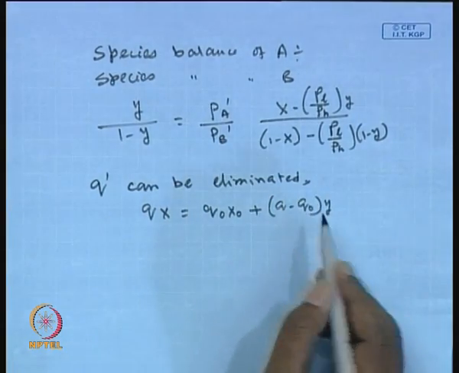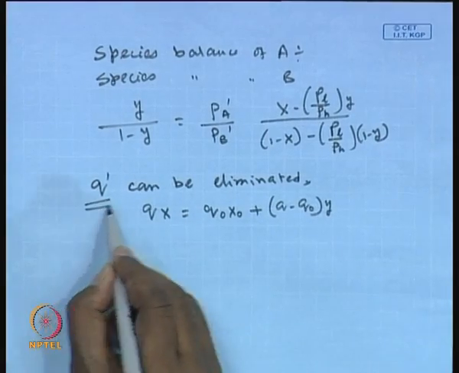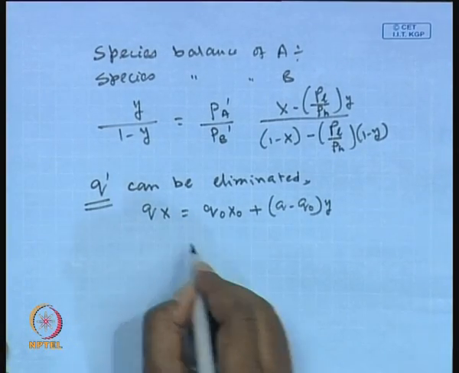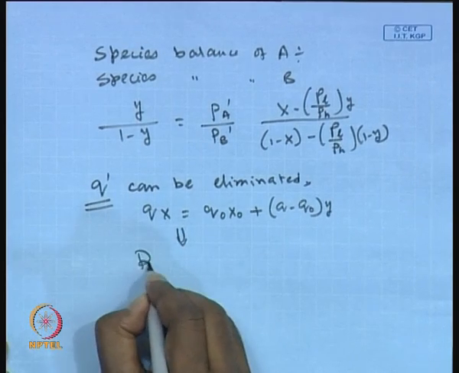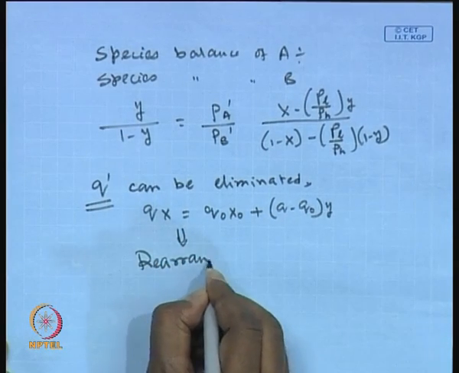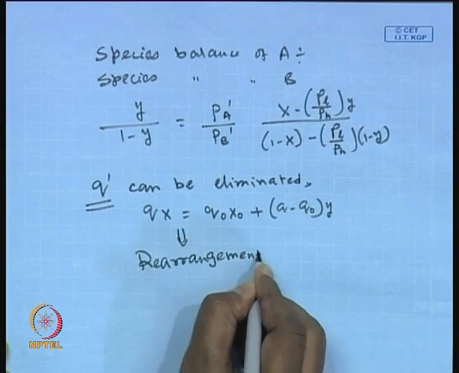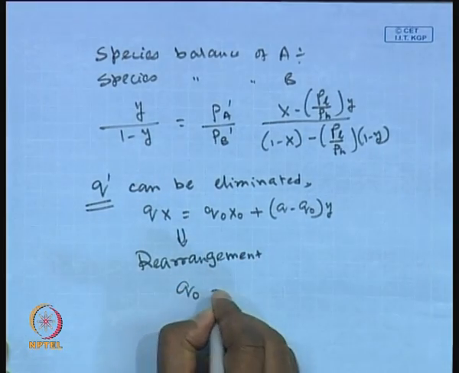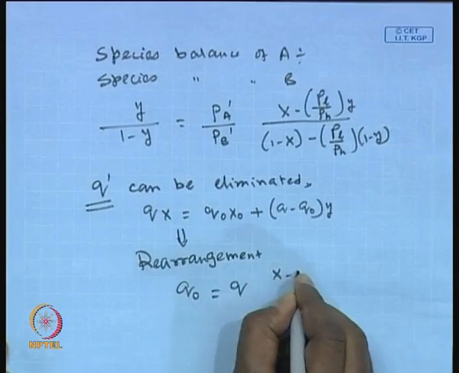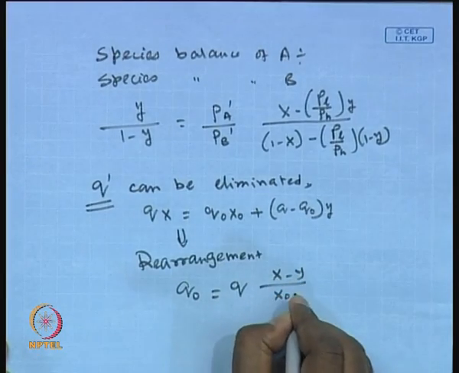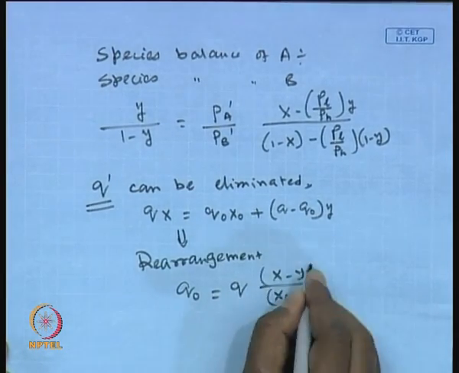From overall material balance and from overall A balance, one can eliminate q prime, and this equation can be rearranged and written as q_0 is equal to q into (x minus y) divided by (x_0 minus y). Okay.